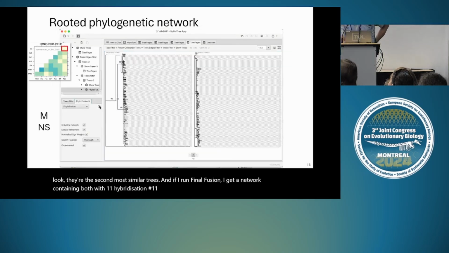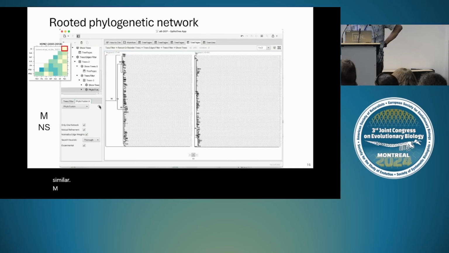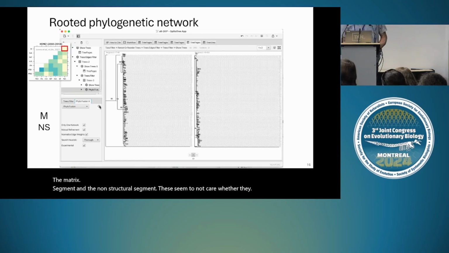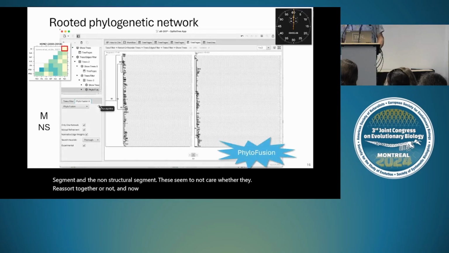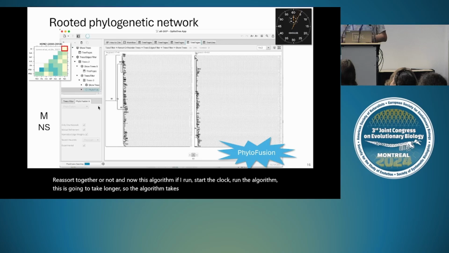And now let's take the 2 that are the least similar, the matrix segment and the non-structural segment. These seem to not care whether they reassort together or not. And now this algorithm, if I start the clock, run the algorithm, this is going to take longer. So the algorithm takes longer the bigger the hybridization number is.